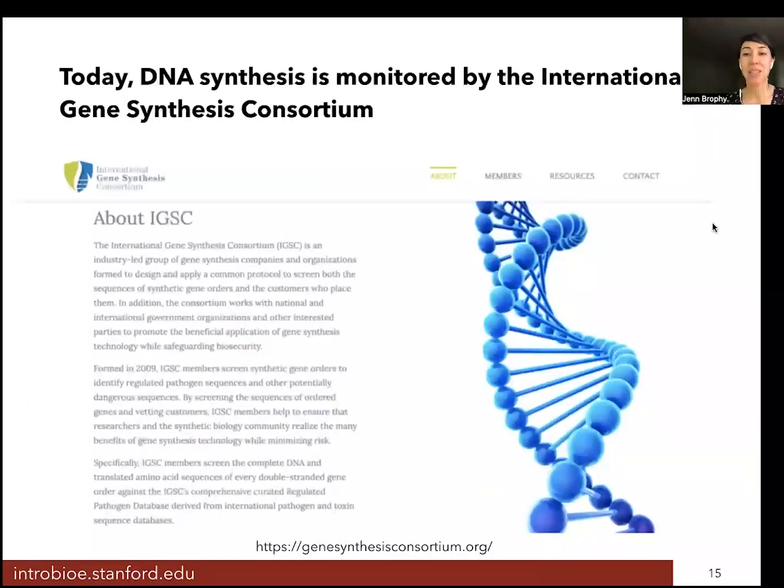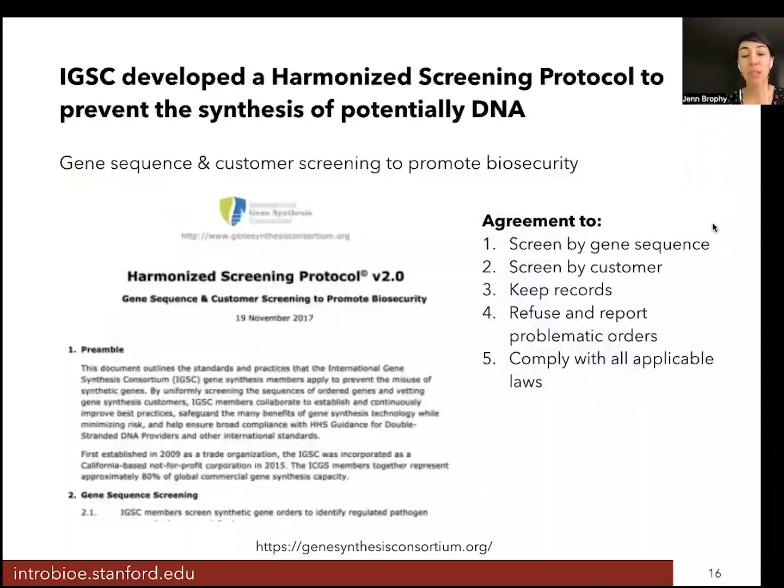Today, DNA synthesis is monitored by the International Gene Synthesis Consortium. This is a collection of primarily gene synthesis companies who have got together to develop an answer to this question of what should we synthesize and for whom. They have come up with a harmonized screening protocol to prevent the synthesis of potentially dangerous DNA.